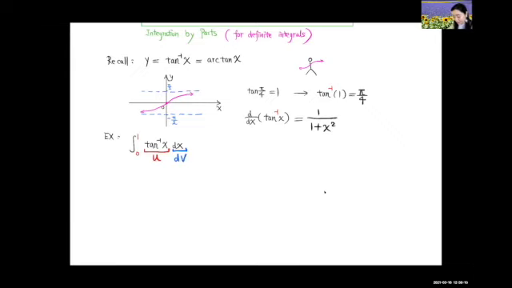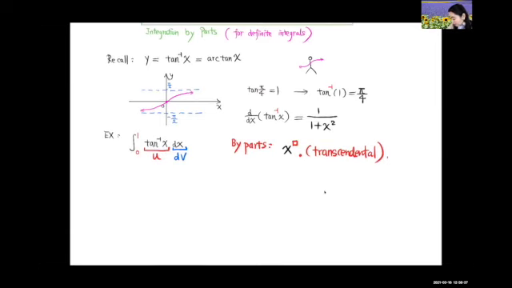So remember we say that by parts, when we have x to some power times some transcendental function, for example, a trig function, an inverse trig function, or e to the x, all of these we use by parts, remember, right? We use by parts.